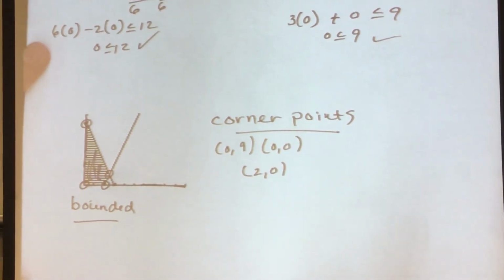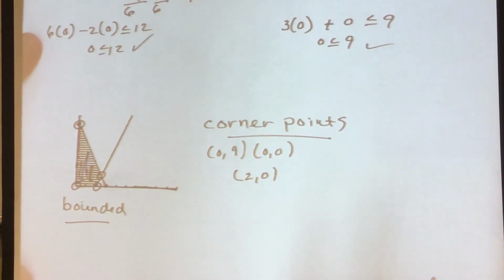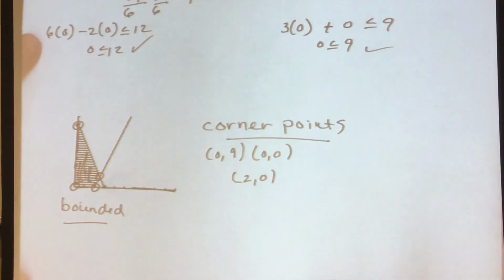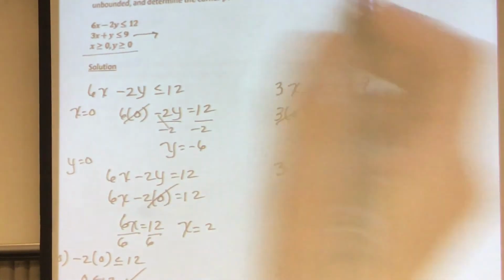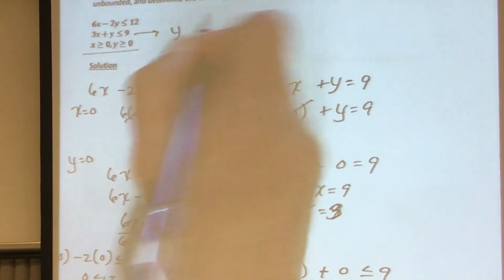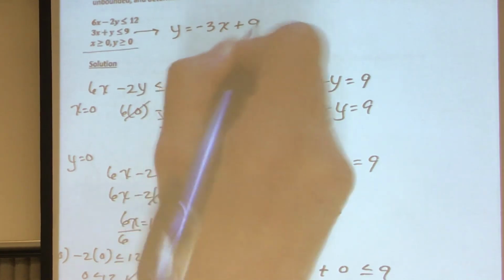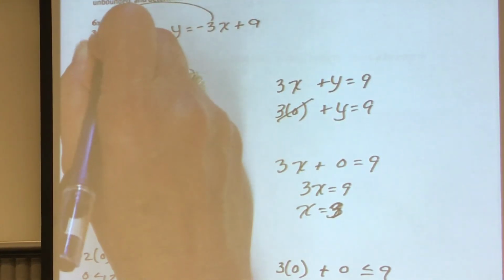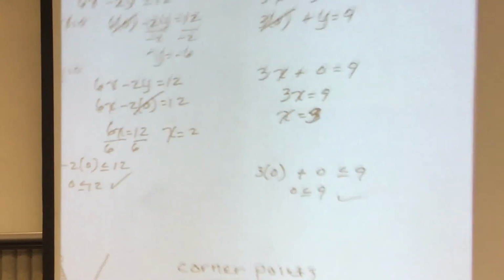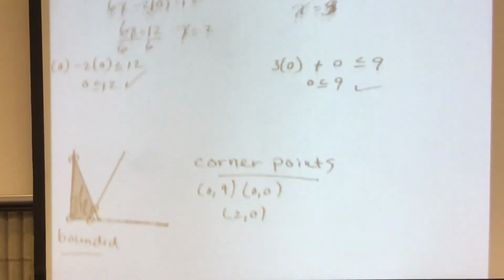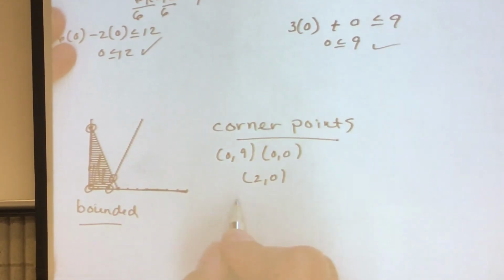substitution method. So using the substitution method, I will rewrite the second equation as y is equal to negative 3x plus 9. And I'm going to substitute that second equation into the first equation. So I will do that right here below.